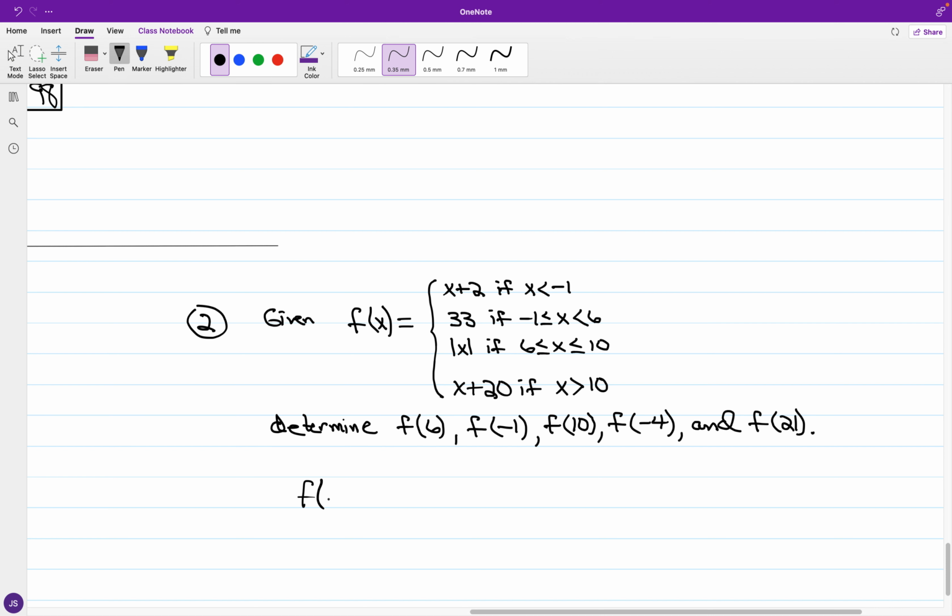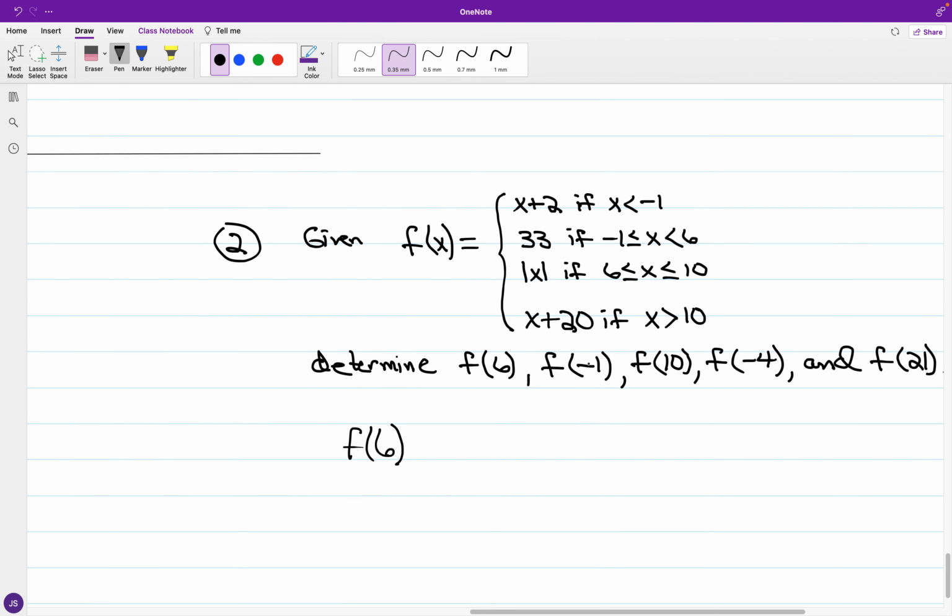For f of 6, your x value is at 6, and we determine among which of these inequality descriptions 6 belongs. We have 6 as a limit value expressed for the second and third inequalities. With x at 6, 6 cannot be less than itself, so the second compound inequality goes out.